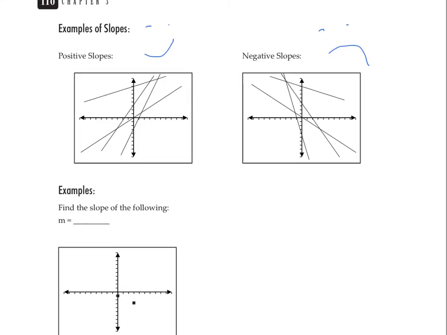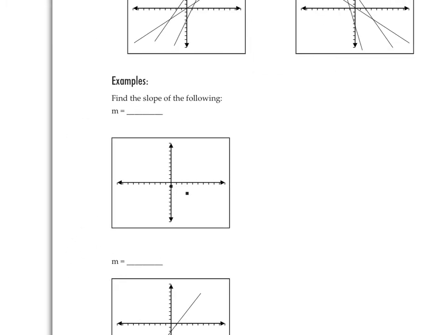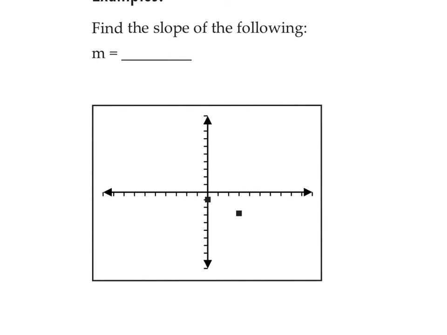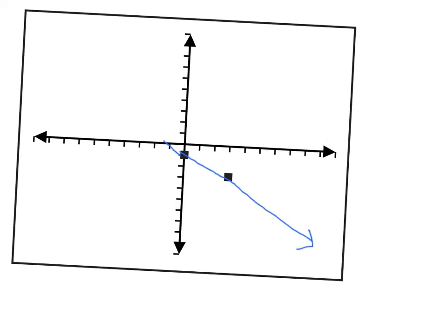If we look down here at this example, we may need to enlarge this so that we can count this slope. It looks like there's a line that's not drawn in between these 2 points. You can do that if you want, but we're going to use these 2 points to count the slope, the rise and the run.